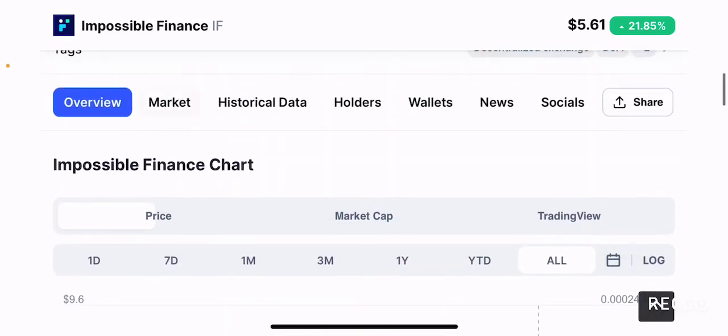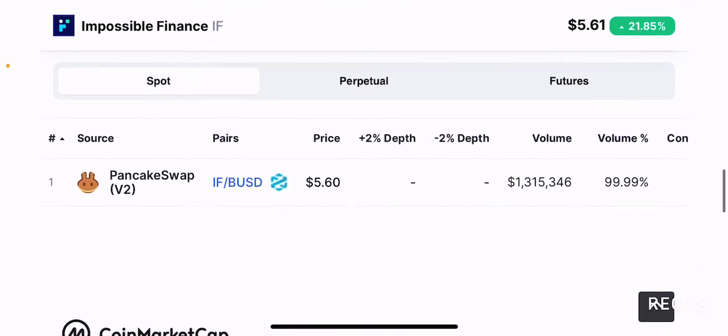If you go to the markets, you can clearly see that it's only available on PancakeSwap right now. And also, I need to let you guys know that I'm earning this token passively by staking some cake tokens on PancakeSwap's syrup pool, right? I think PancakeSwap has a lot of good quality tokens in its syrup pool, and Impossible Finance is one of the tokens that's going fairly unrecognized in the PancakeSwap community.